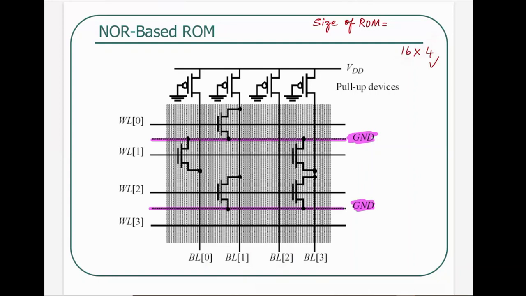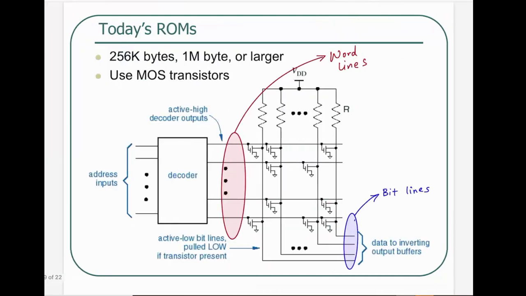Why is this 4? The reason is, if I go back, we are not talking about address inputs. We are actually talking about the word lines. You see that? If this is 4 inputs, that would give you 16 word lines, right? If this was 4, that would have been 16. But that's not the case. We only have 4 word lines.